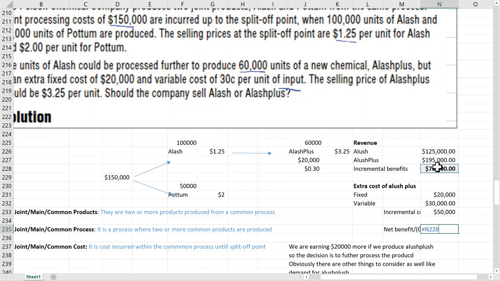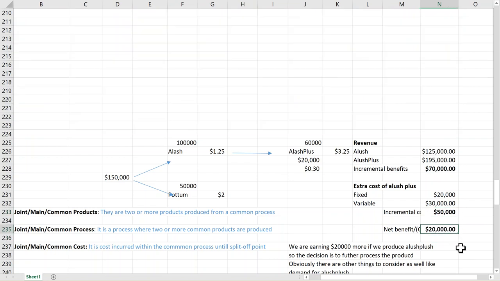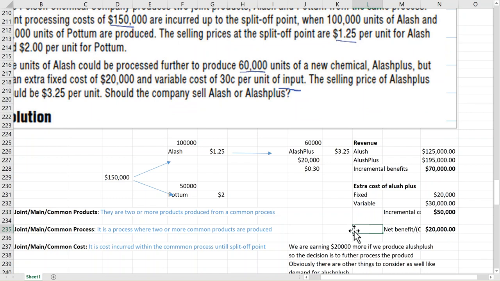So when we look at the incremental benefits minus the incremental cost, we have a net benefit of 20,000. So the financial decision will be to further process it. Obviously, we have to look at the non-financial factors as well, which I explained. So this decision-making chapter is done.